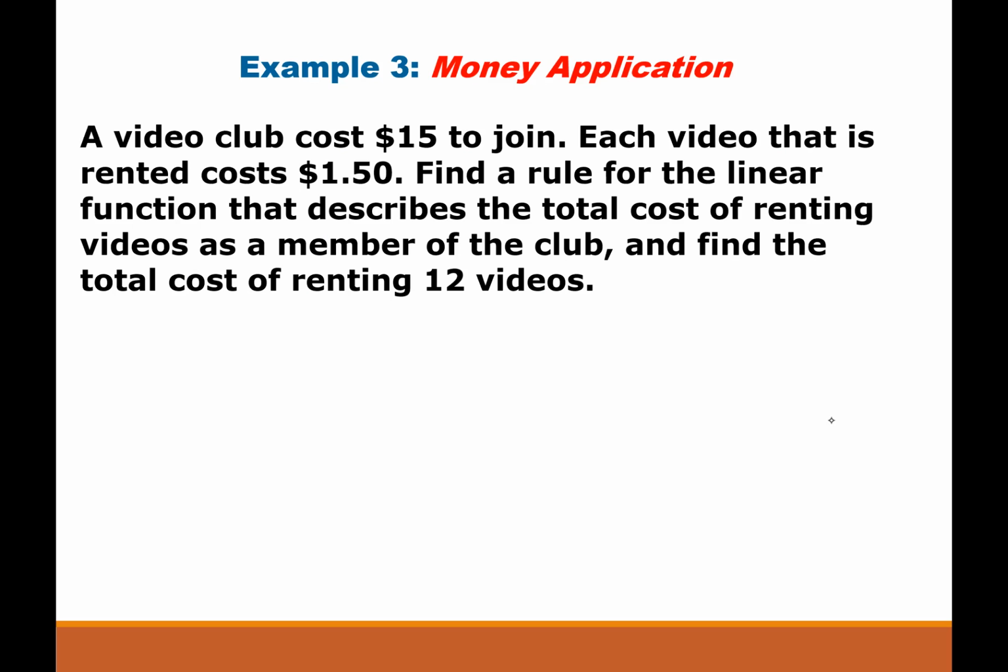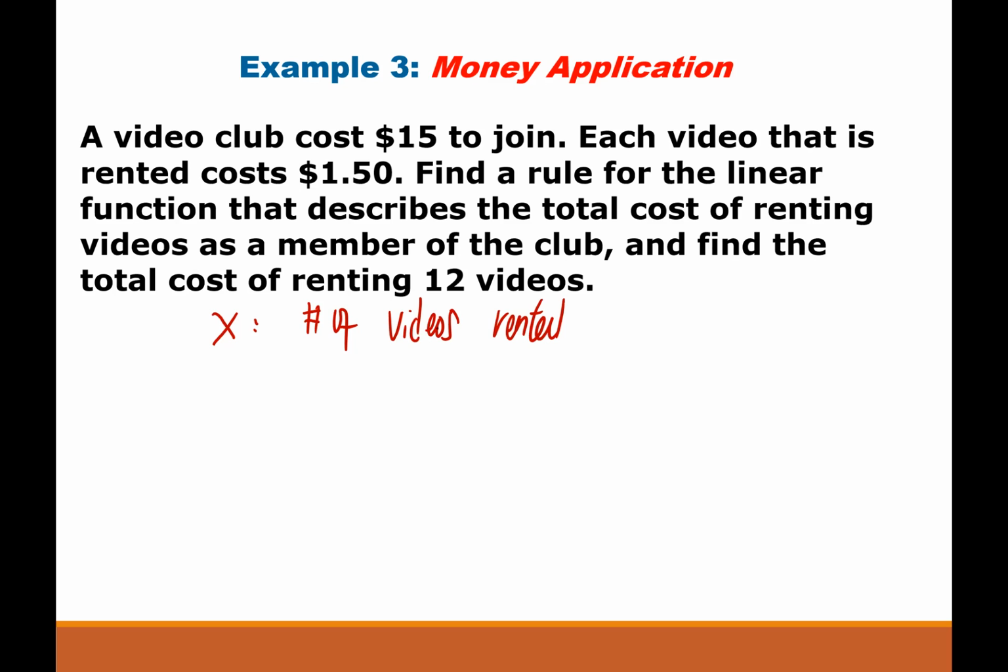So first of all, we need to define a couple of things. Define the dependent variable and the independent variable. So here, let's define the independent variable x. It should be the number of videos rented.